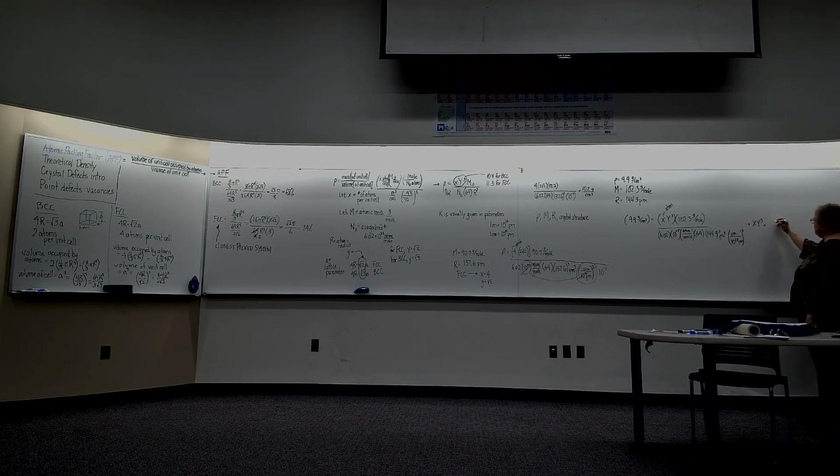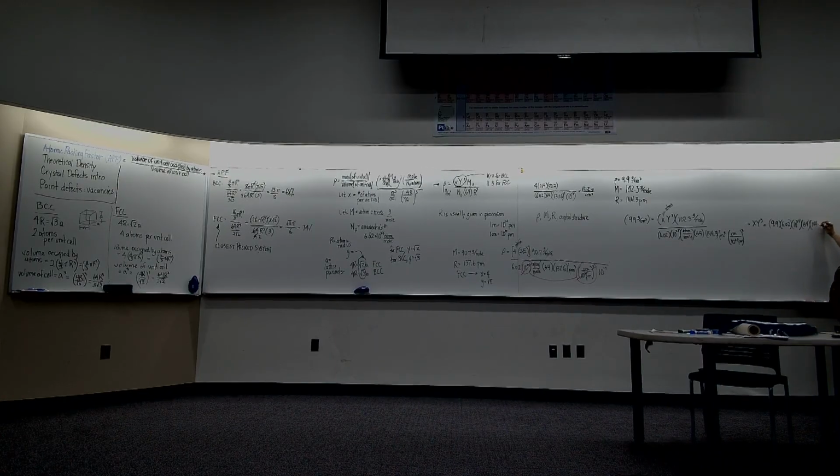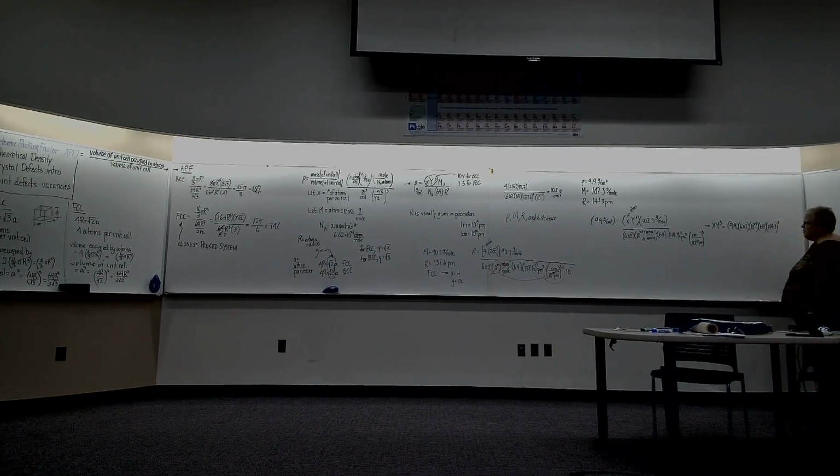So xy cubed is equal to 9.9 times 6.02 times 10 to the 23rd times 64 times 144.3 cubed times 10 to the minus 30, all of those things divided by 102.3.